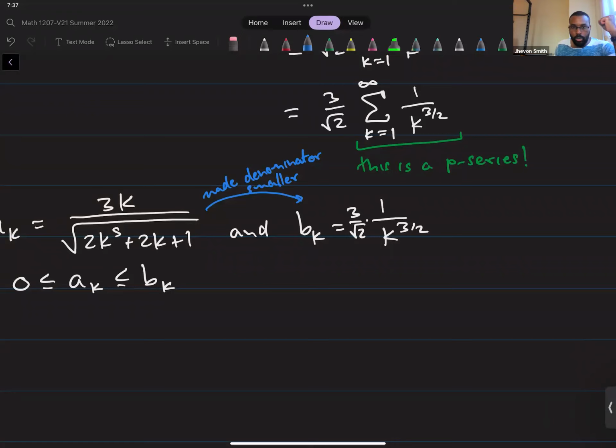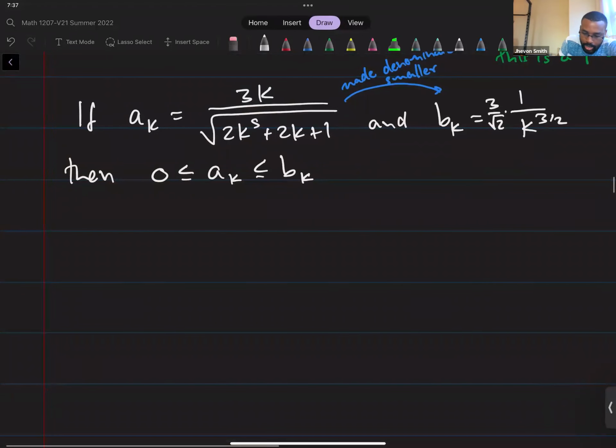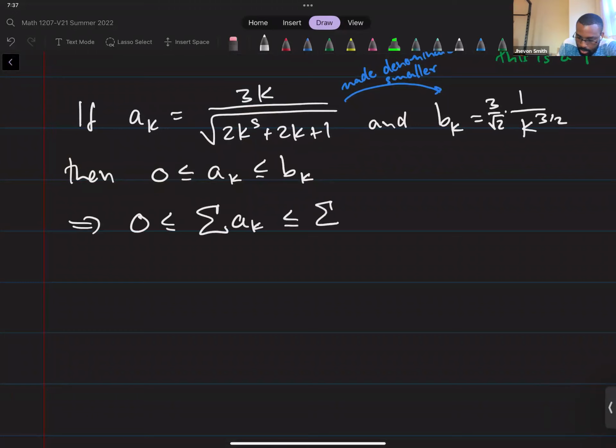And so b_k, the second thing, is clearly bigger than the first thing. That means the sum of a_k is less than or equal to the sum of b_k.